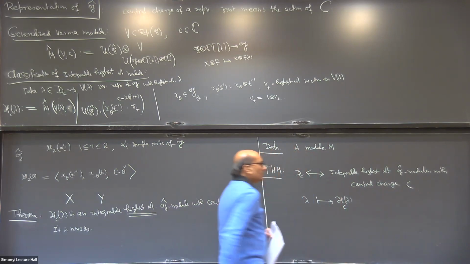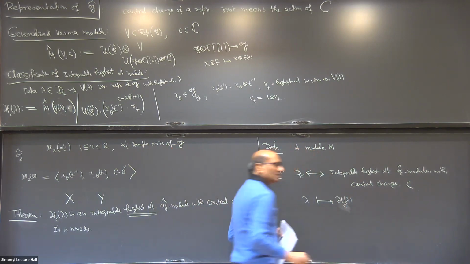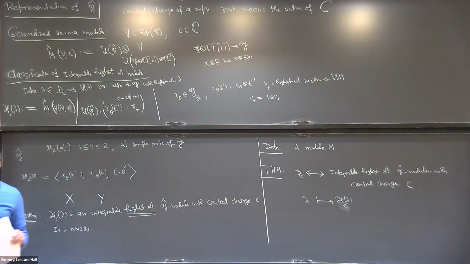I will write this C sometimes, but because I'm going to fix C once and for all, I might just drop it. Actually, it becomes automatically irreducible. So it's highest weight and integrable. That makes it irreducible, right? But you need integrability, otherwise of course it's not true. That's right. So it automatically becomes irreducible.